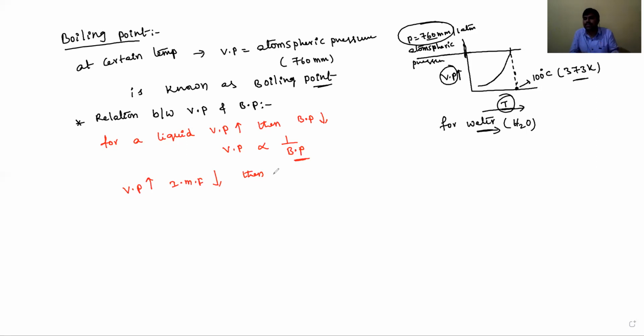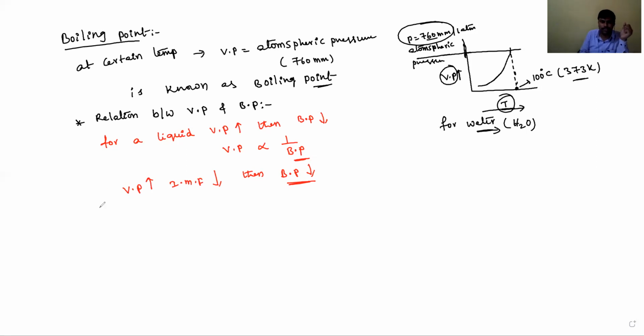So the vapor pressure easily reaches atmospheric pressure at lower temperature, and the boiling point decreases. That's why vapor pressure is inversely proportional to boiling point.